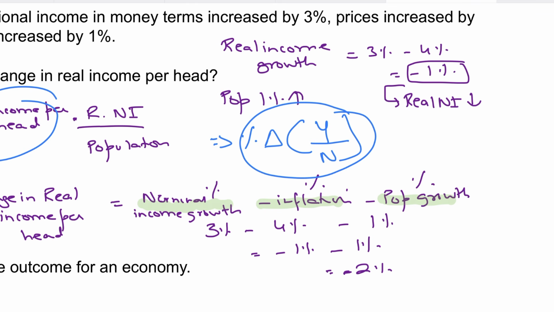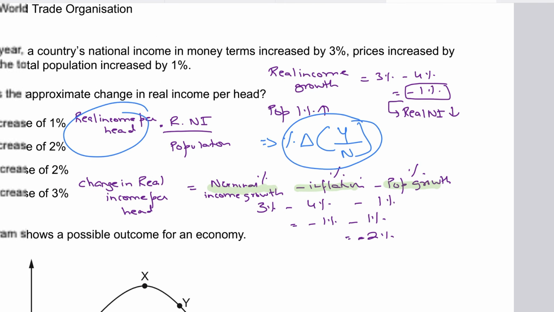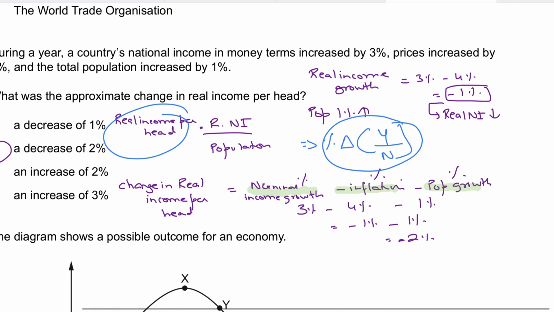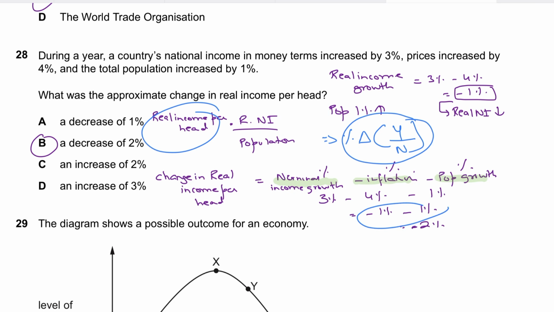So in mathematics, what we're saying is that you could end up subtracting these two, like minus 1%, minus 1%. We're not literally subtracting the quantities, because per capita income is still calculated by dividing national income by population.